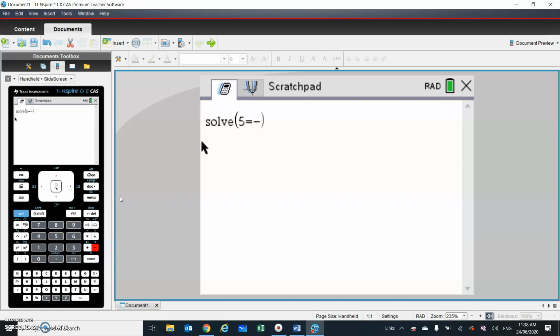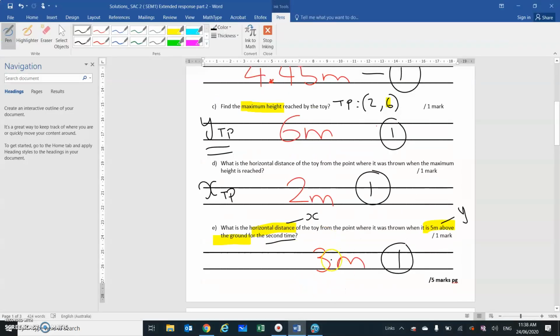So 5 equals the equation, and we're trying to find the x value: negative x squared plus 4x plus 2, comma x. We get x equals 1 or x equals 3. And it's the second time, so it's x equals 3. That's why my answer was 3 meters. Don't forget units for all of these questions.